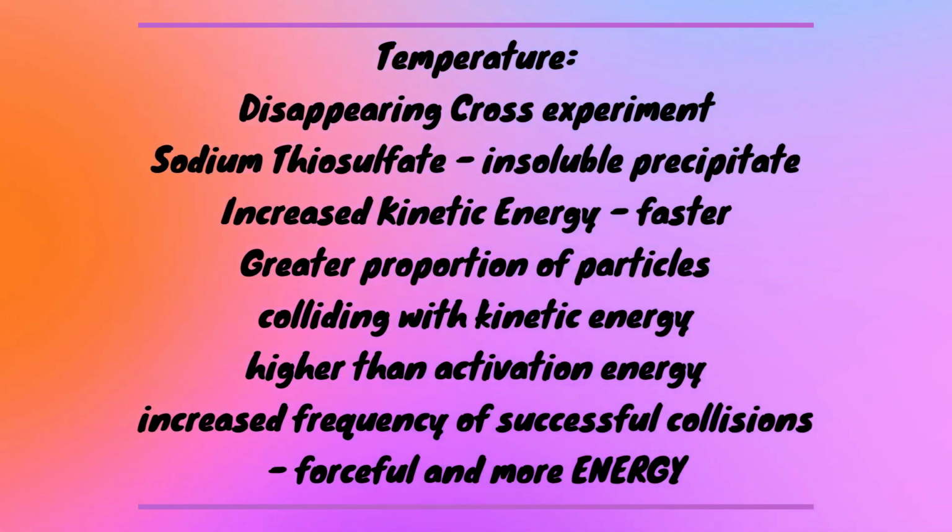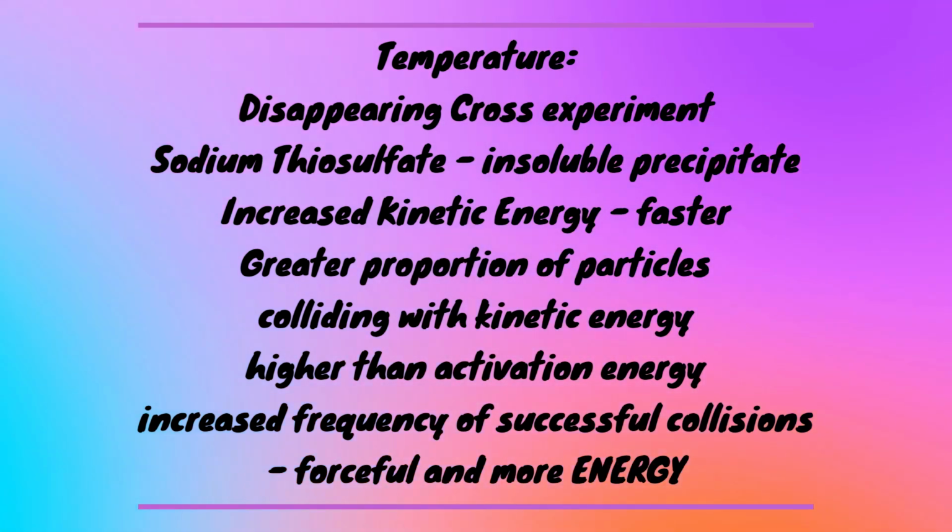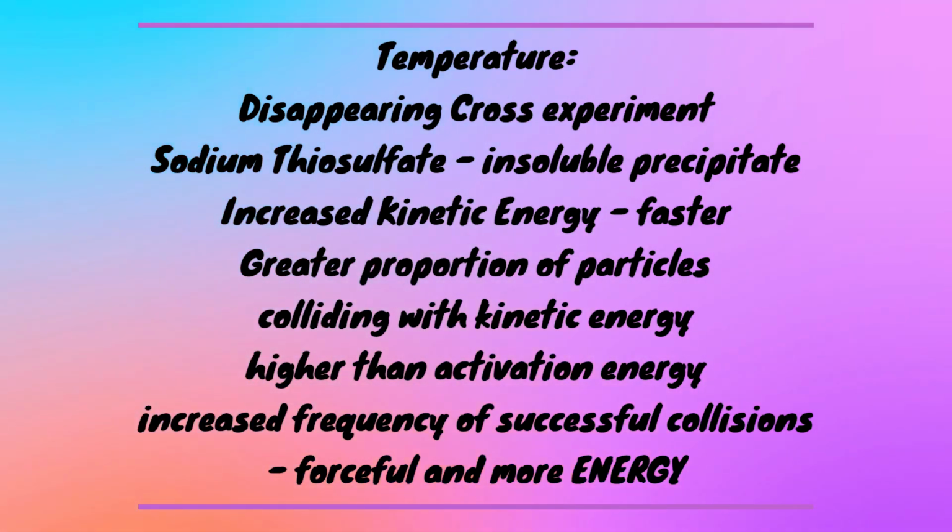So this means that we have a higher proportion of particles colliding with a kinetic energy that is above or higher than the activation energy. That means we have increased frequency of collisions, but also particles are colliding more forcefully and with more energy, so they're more likely to be successful, and it's this last one which has more of an effect on rate.